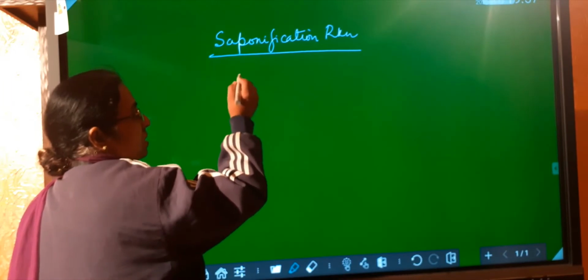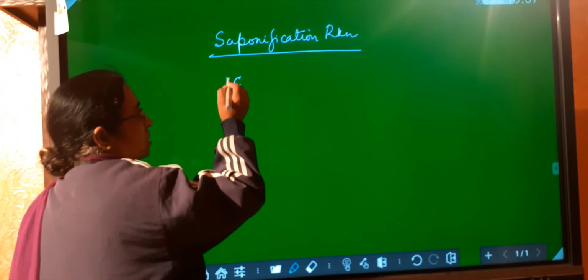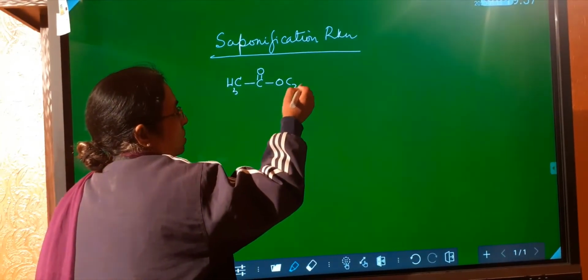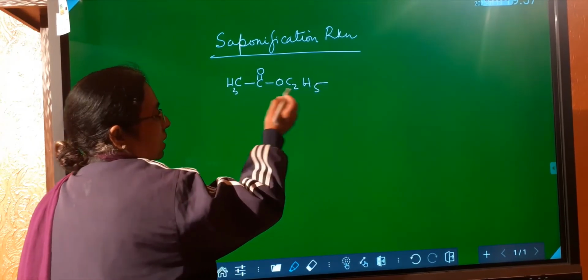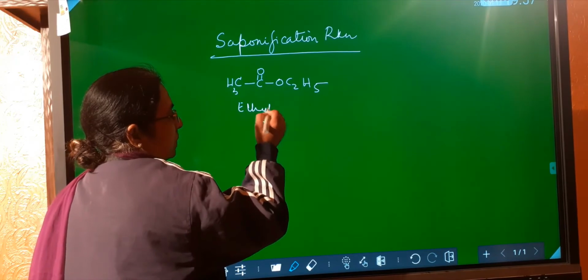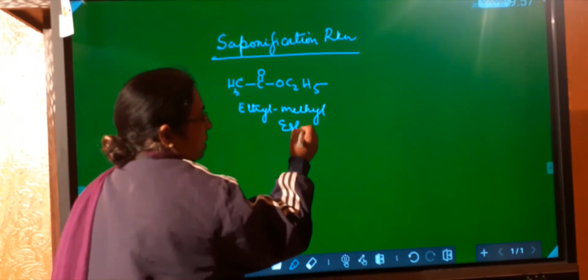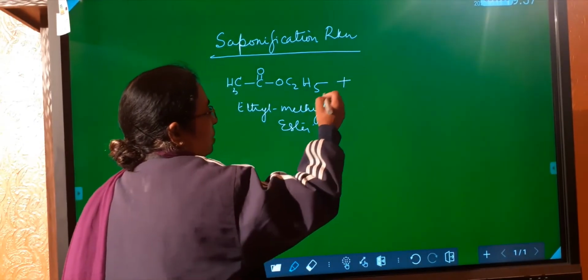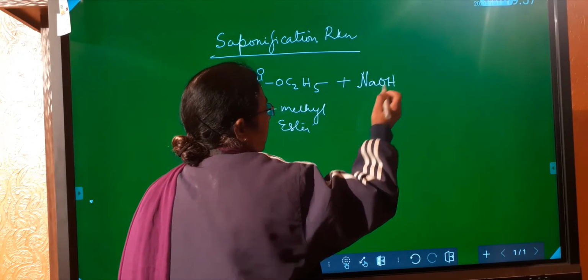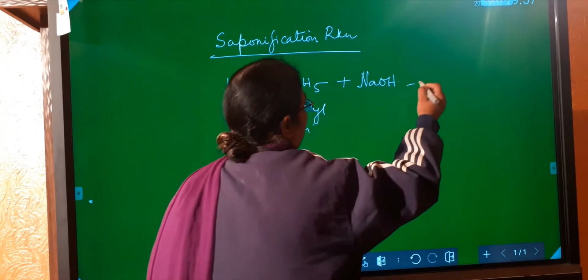This ester, just now we had written ethyl methyl ester, CH3COOC2H5. I am reacting this ethyl methyl ester with NaOH.